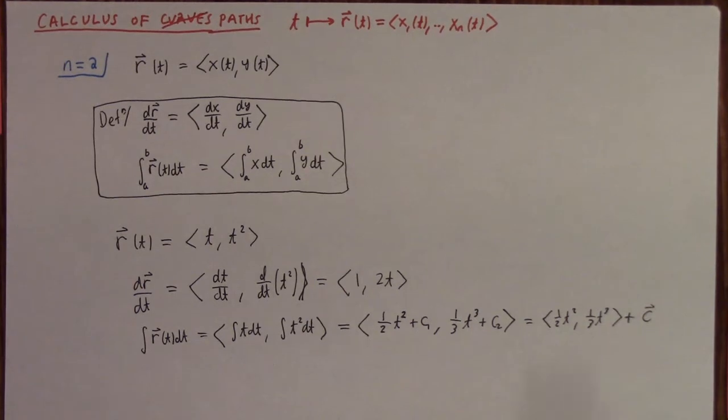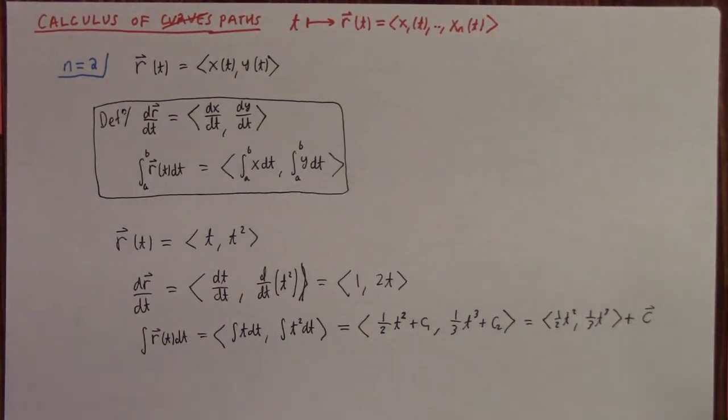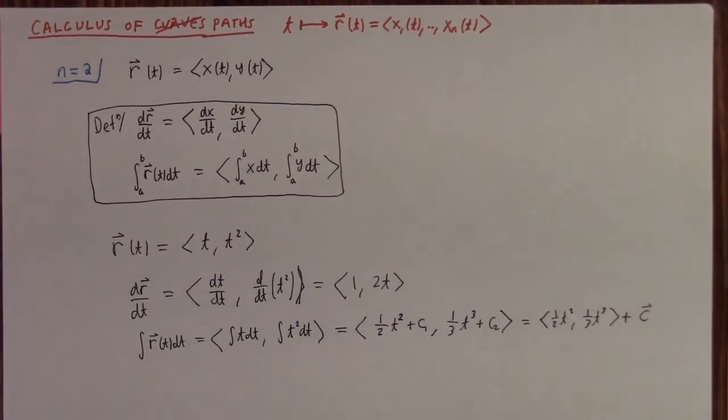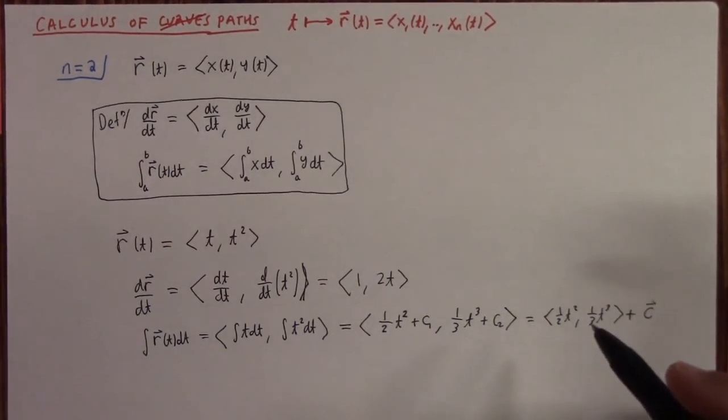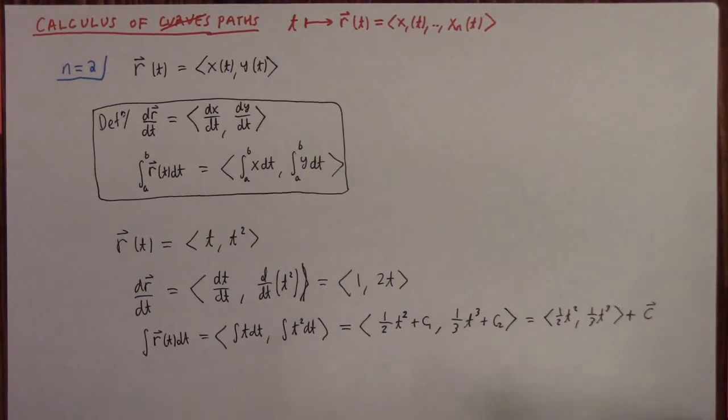So, this is how it works. It's actually pretty simple, and yet it's tremendously useful. I'll explain to you in this lecture and the next how we can use this to capture the physics of curves and the physics of paths, acceleration, velocity, speed. All this can be described using this calculus.